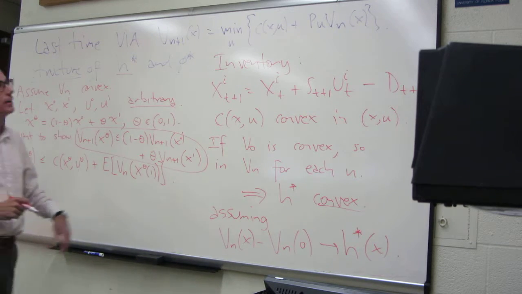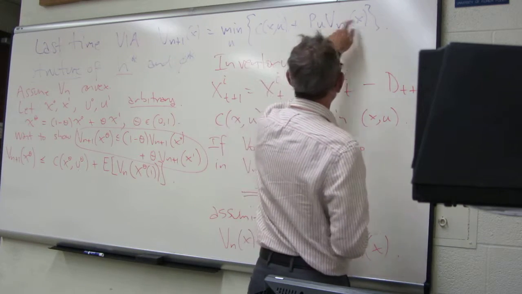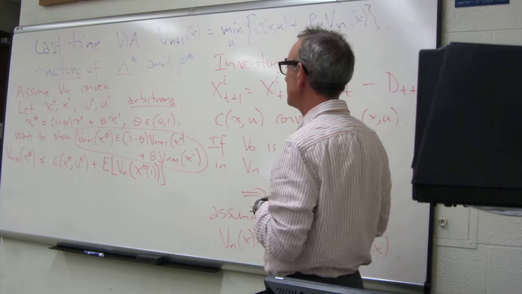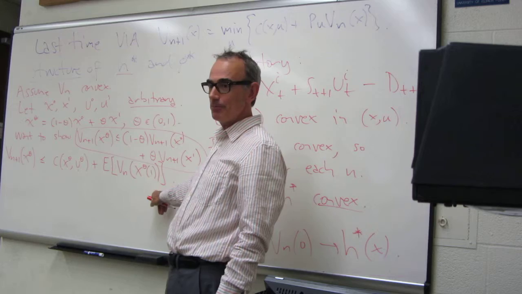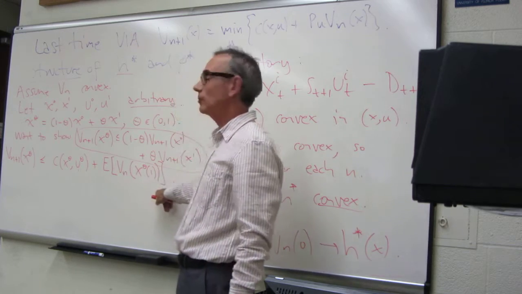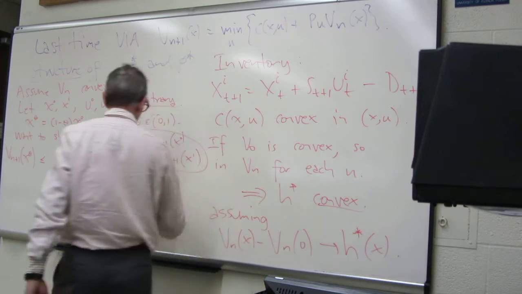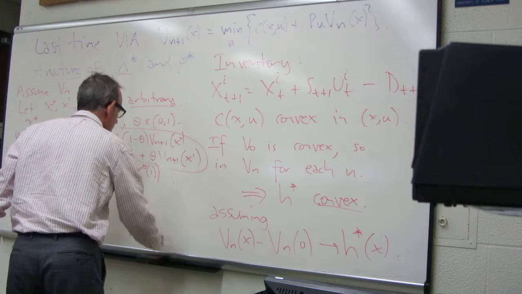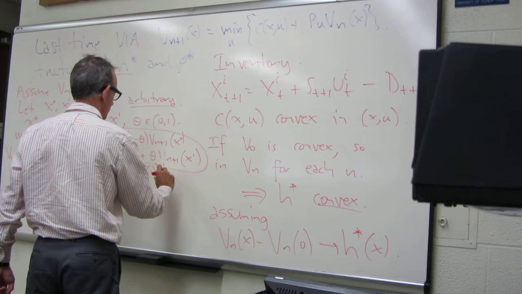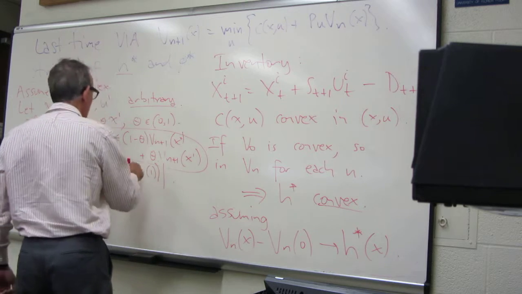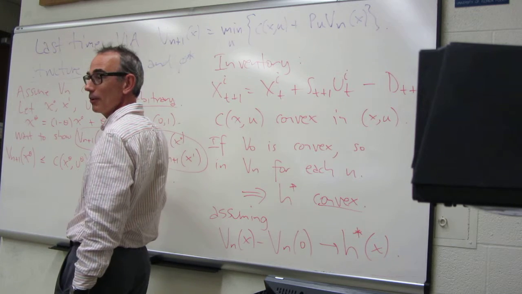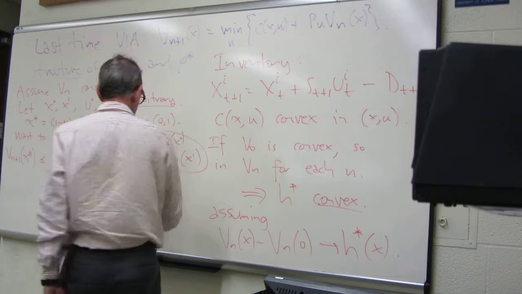And, when I write down P^u V_n, that's a conditional expectation, or one step in the future. And this is the expectation given the particular, I guess I should write down the expectation. I'll leave out the theta for a second, okay? Erase the theta momentarily.